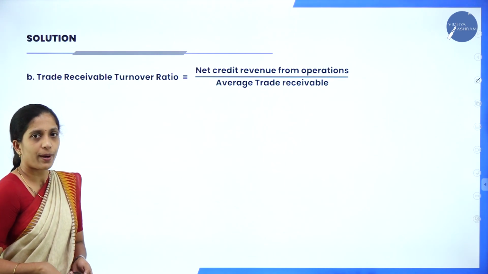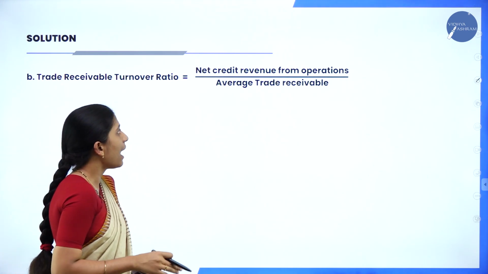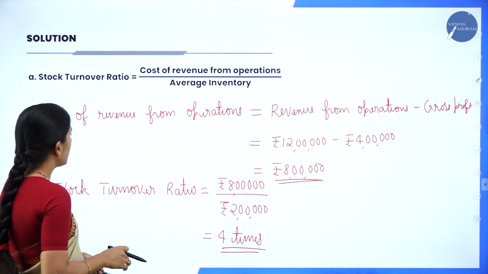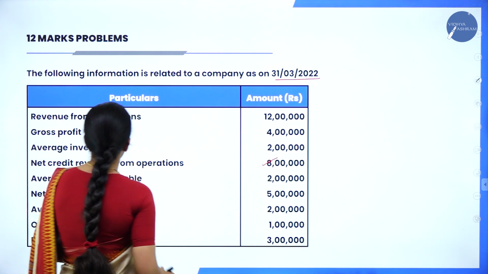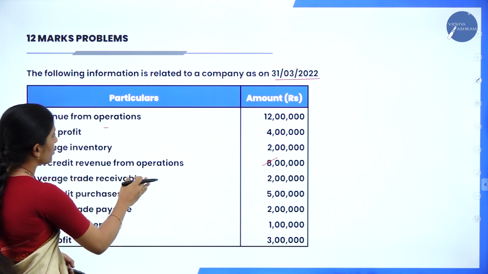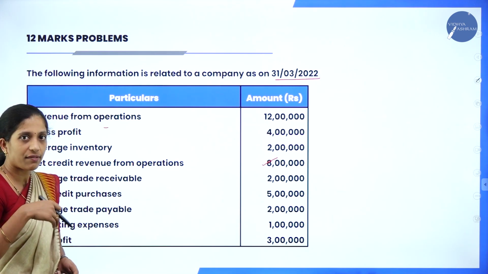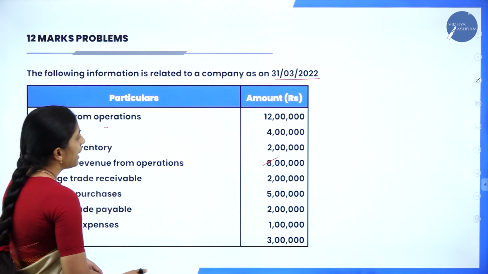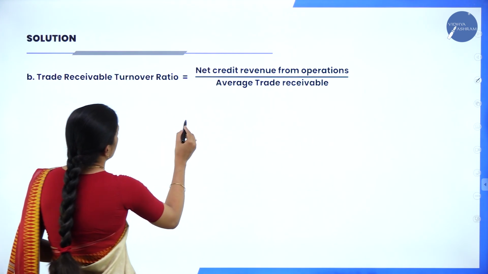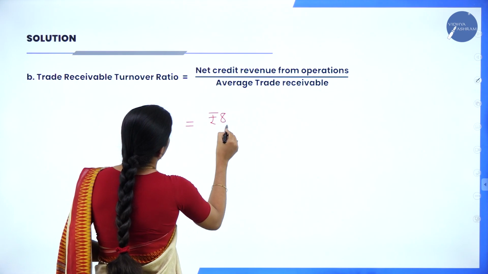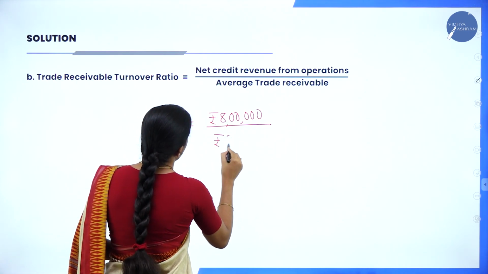Trade receivable turnover ratio. Your formula is net credit revenue from operations divided by average trade receivable. Net credit revenue from operation is 8 lakh divided by average trade receivable, that is 2 lakh. So rupees 8 lakh divided by rupees 2 lakh.